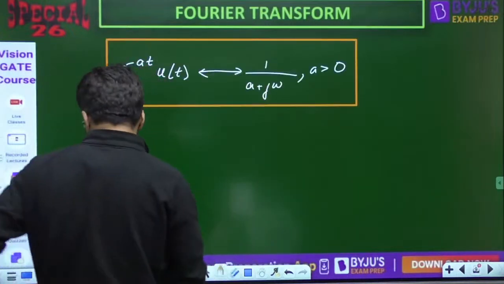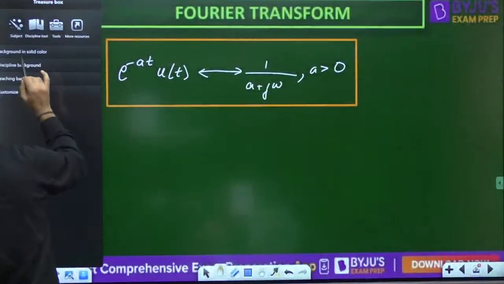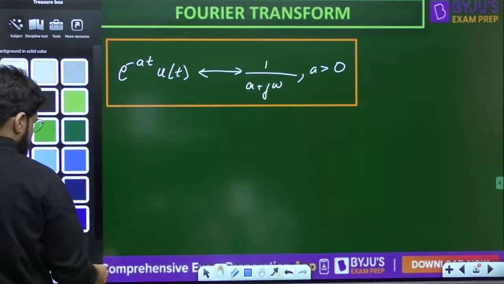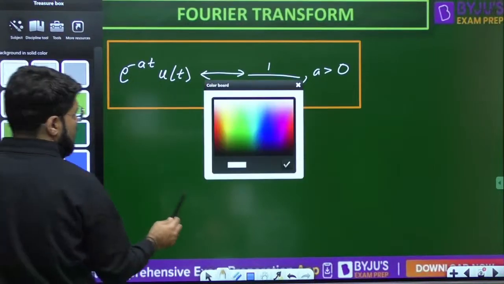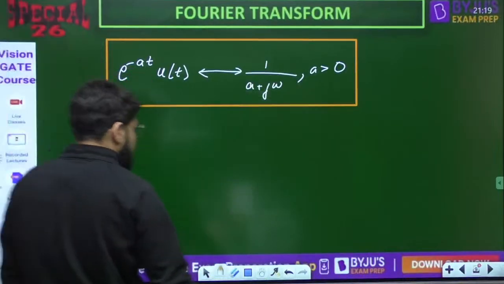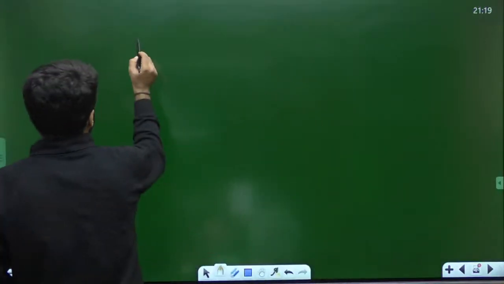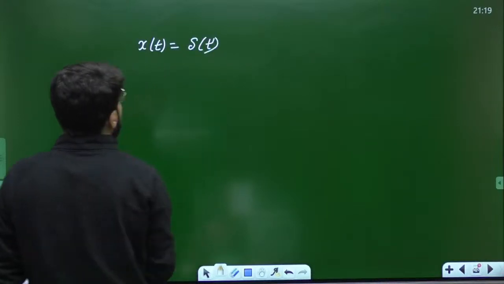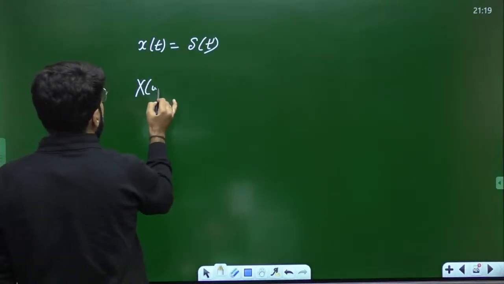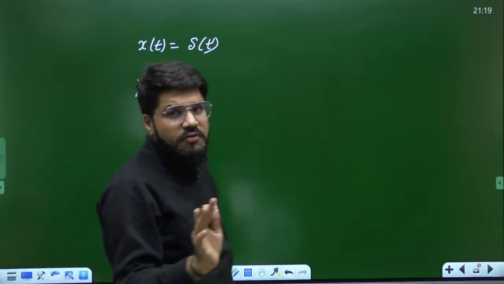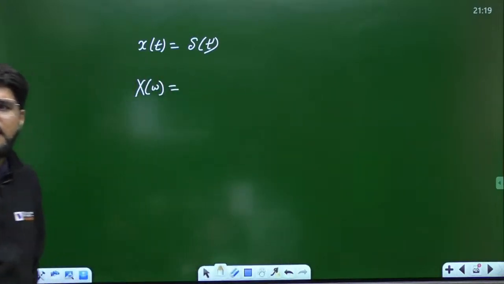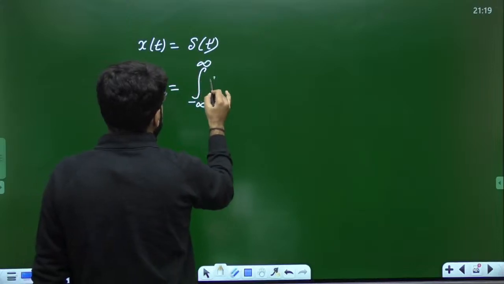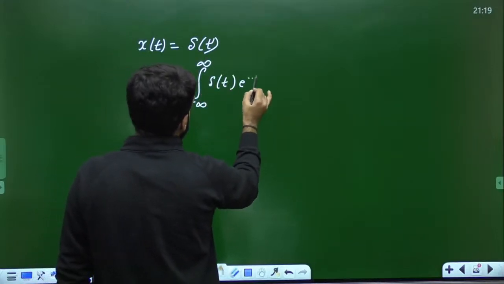Next important case: I hope everybody must be knowing its answer. If I take x(t) equal to delta(t), what is the Fourier transform of an impulse? The Fourier transform of an impulse is always 1. So X of omega is given by the integral from minus infinity to infinity of delta(t) e power minus j omega t.